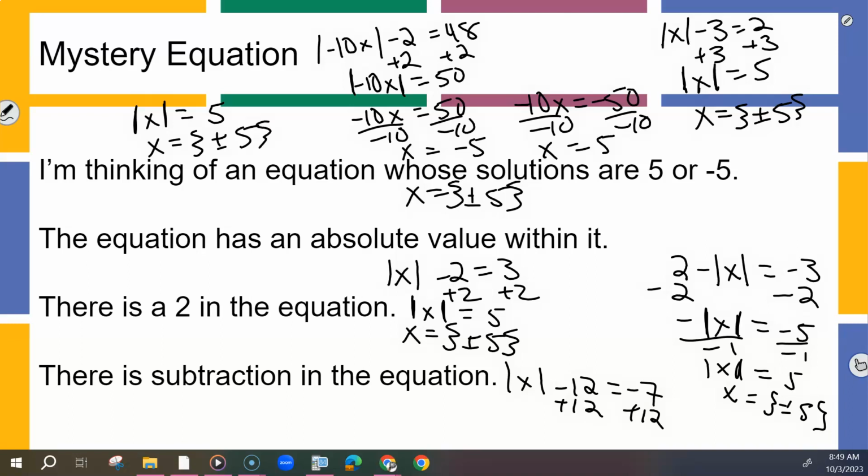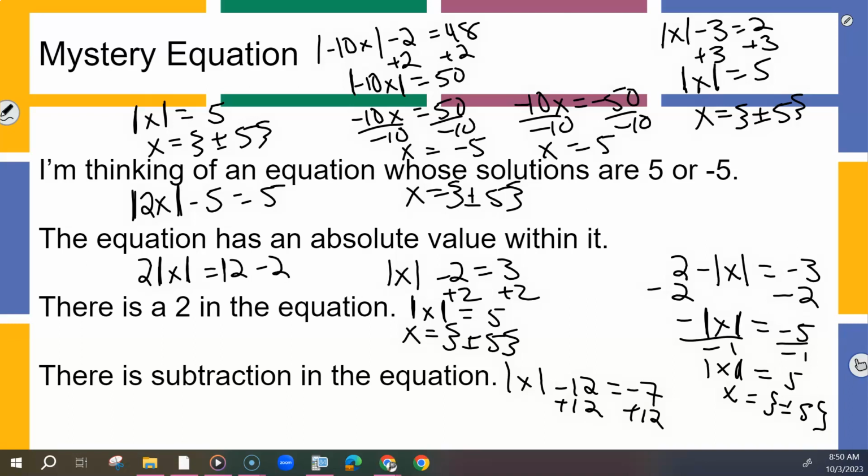Some others that first period came up with: the absolute value of 2x, and then outside of that, minus 5 equals 5. I'll write these down, but I'm not going to solve them. 2 times the absolute value of x equals 12 minus 2.